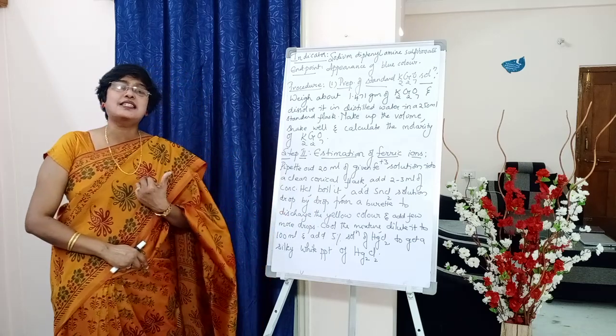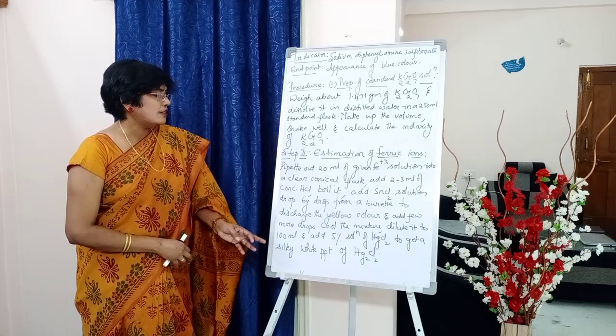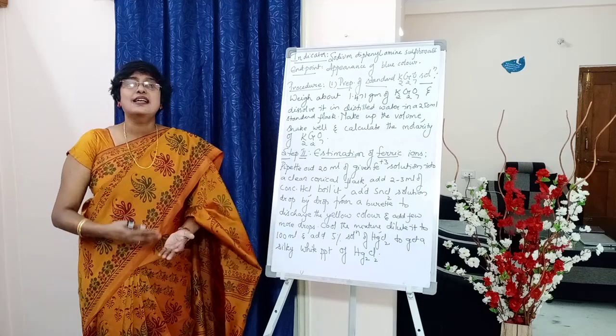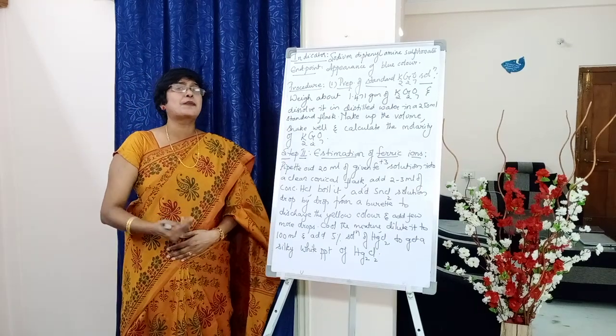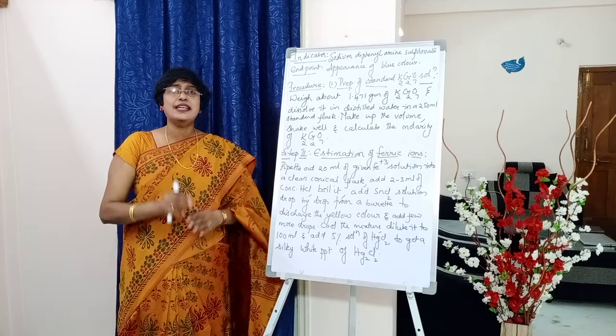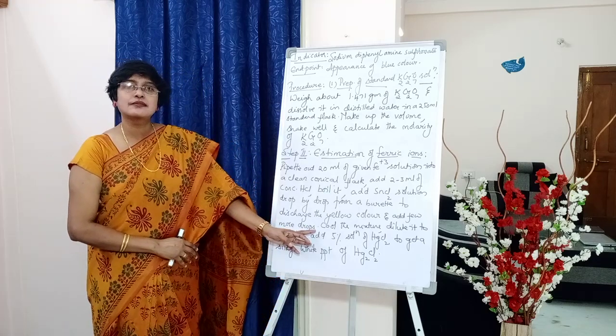Discharge the yellow color means to remove the yellow color. After the yellow color disappears, we will add a few more drops of SnCl2. Till this point it is clear now, students.